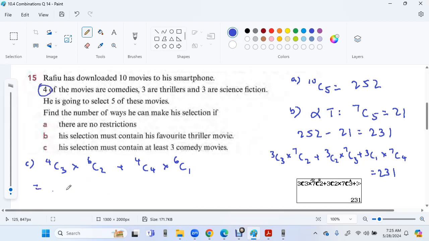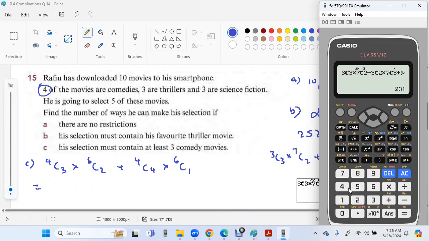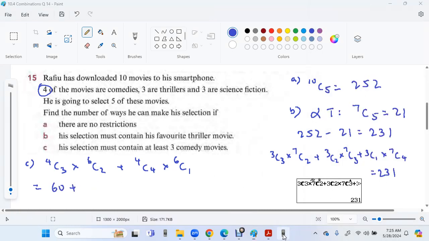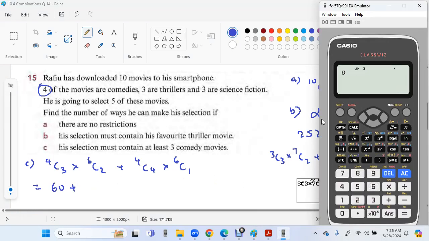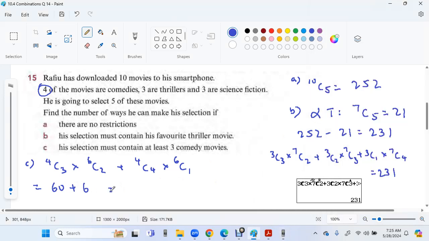So this will be 4C3 times 6C2, then is 60, and then 6C1 is 6, then it is 66. Okay. Yeah. So this one is actually 66, and this is 1.